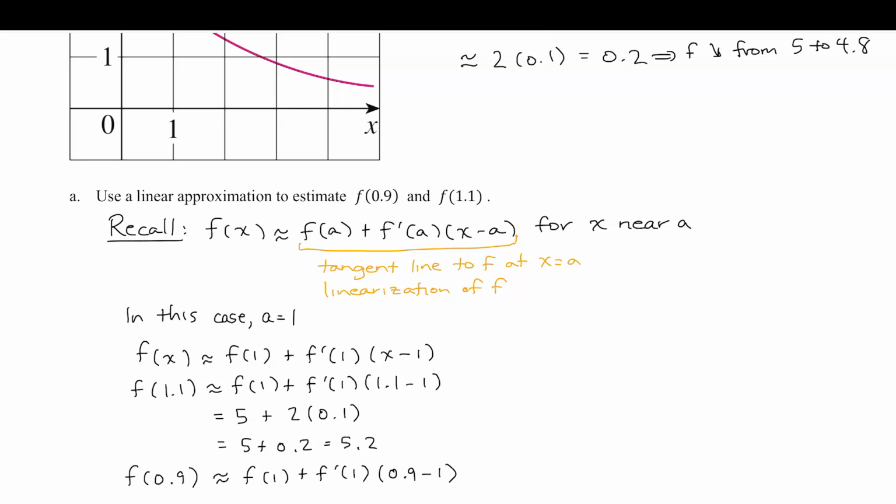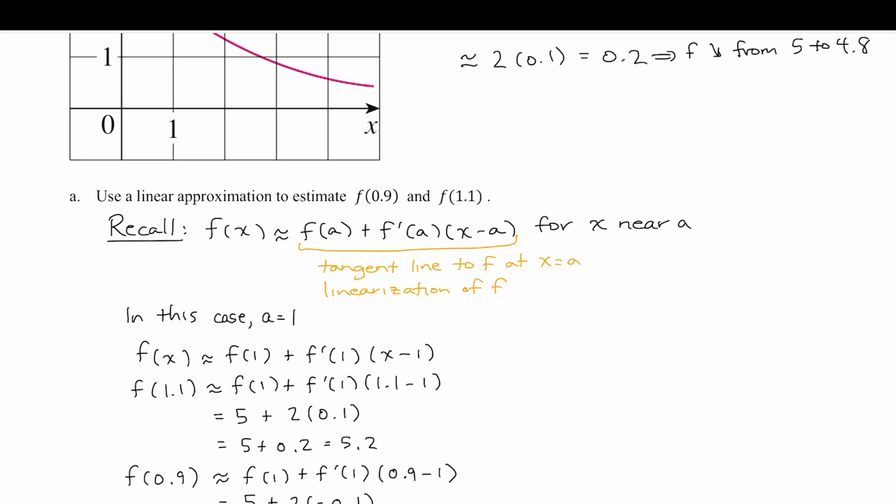And f of 0.9 is roughly wherever we were at f of 1, plus we're going to increase by the slope, but prorated for the amount of change in x. So f prime of 1 is roughly how much change we'll see in f if x increases by 1. We're going to actually let x decrease by 1, and we're going to prorate the change accordingly.